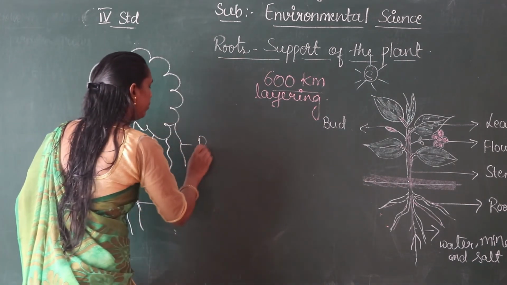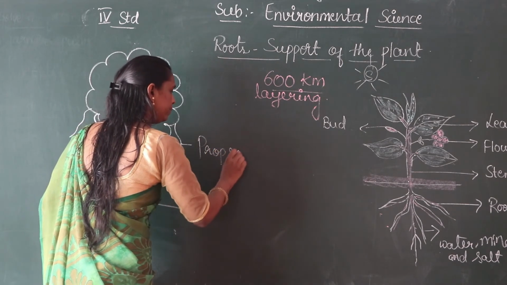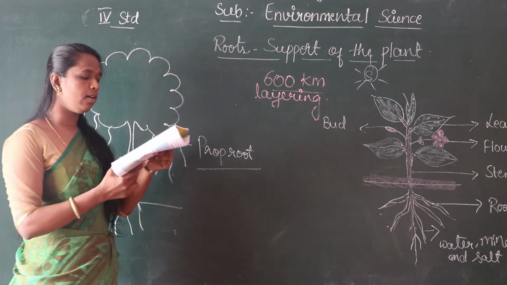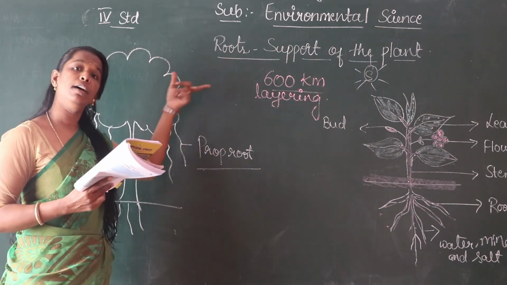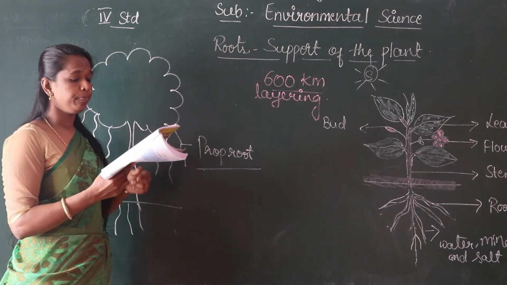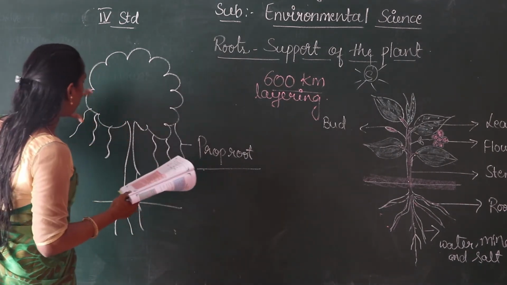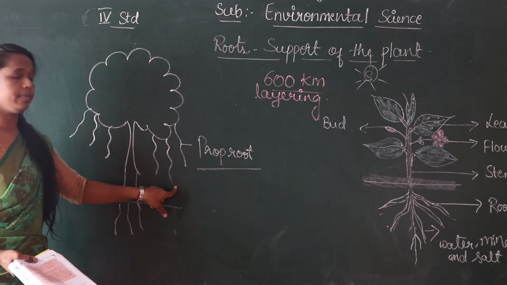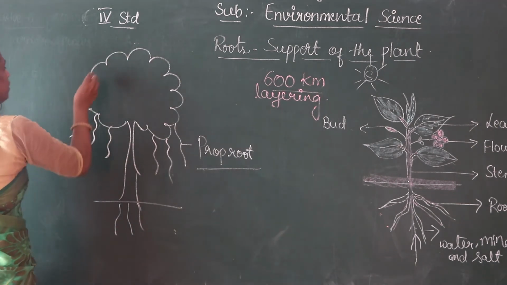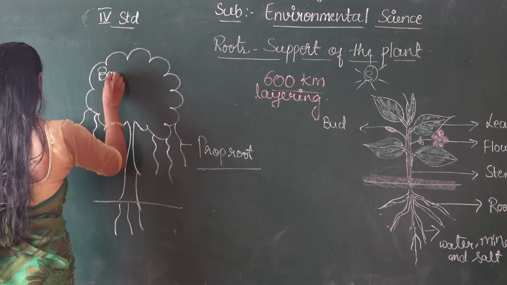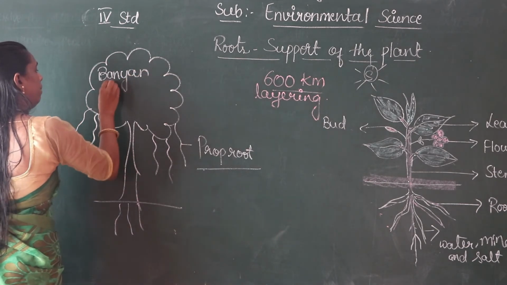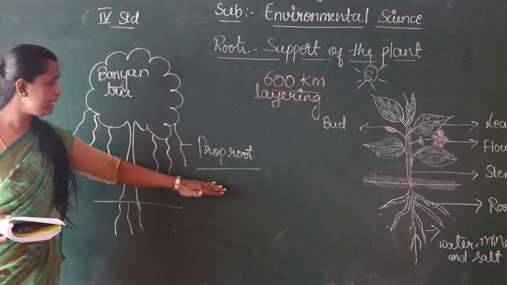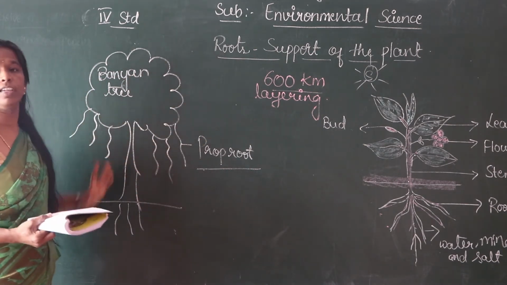This is called as crop root. The crop roots are spread from a banyan tree. A banyan tree spreads over more than 5 kilometers with the help of these crop roots. So the banyan tree spreads the roots with the help of this crop root over more than 5 kilometers, children.